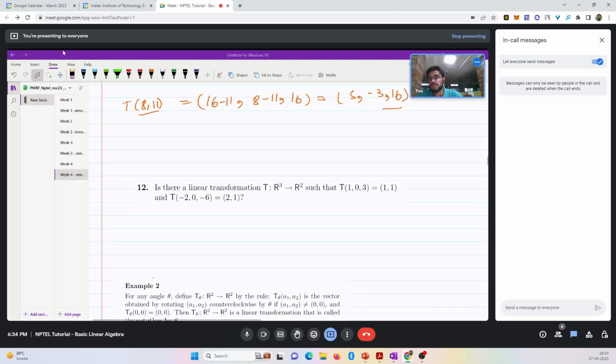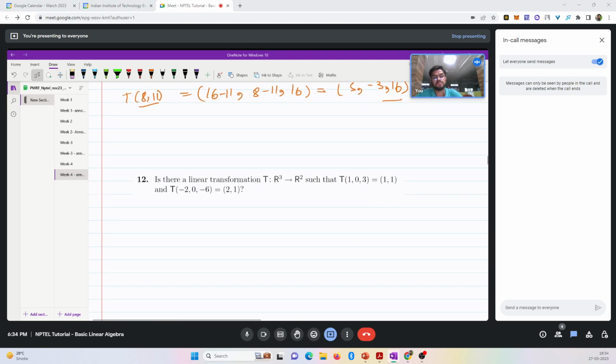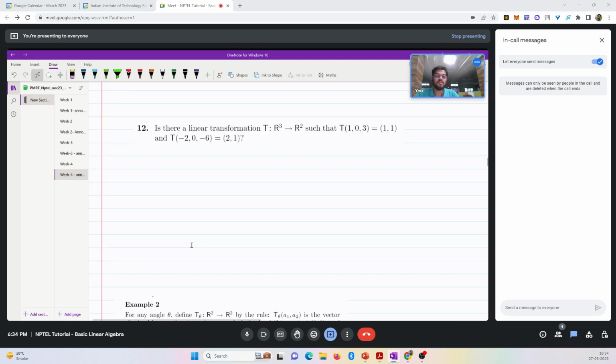Now let's look at another example related to linear transformation. It is asking us to check if there exists a linear transformation such that T(1, 0, 3) is (1, 1), and T(-2, 0, -6) is (2, 1).